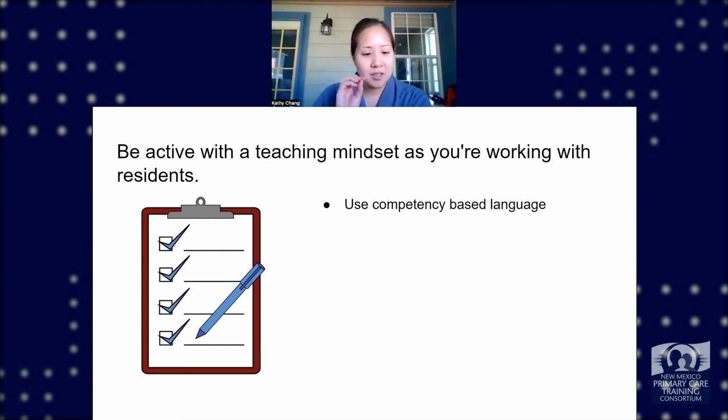You can then see exactly what behavior you're looking for, and write that into the rotation evaluations or the week evaluations, or as you're informally discussing with the resident: you did this thing, but I was expecting to see this, right? Then it gives you something firm to stand on using that competency-based language.